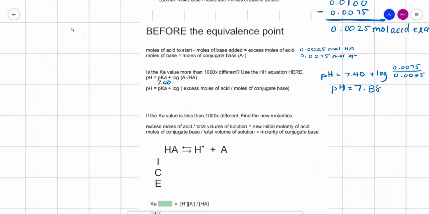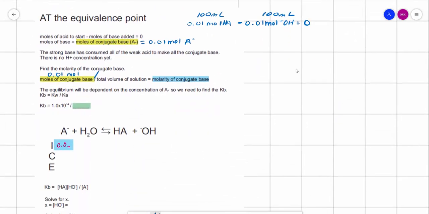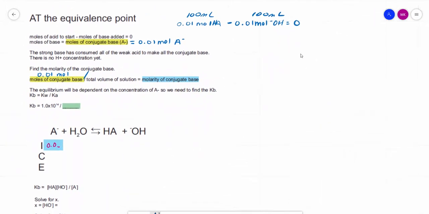Yep, I have 200 milliliters of solution. I need to convert that into liters. So 0.200 L gives me the molarity of my conjugate base, 0.05. And if we were paying attention to significant figures, you would need 2 zeros after that, capital M. So that value is going to go here.